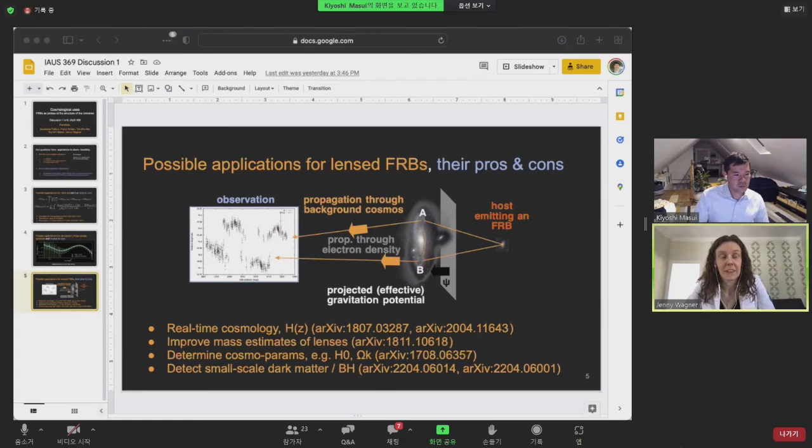Oh, interesting. So first of all, we need the redshift of the lens. I think we need the redshift of the source. So we need localizations. And usually if we have galaxies, we have a separation of 0.5 arc seconds. So I do not expect that we get FRBs resolved in the spatial domain.